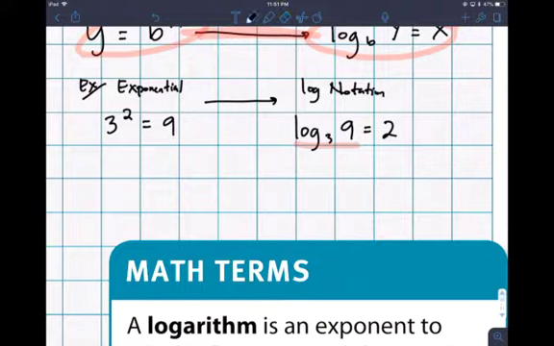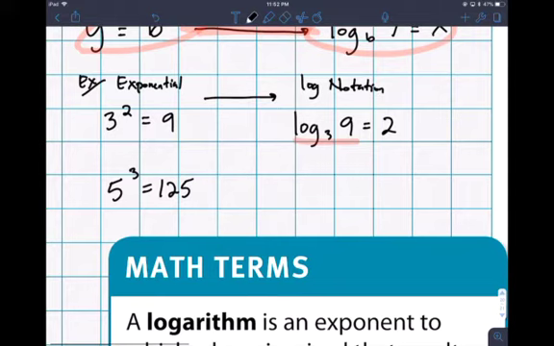So for example, let's say that 5 to the third power is going to be equal to 125. If I write using log notation, this is the same thing as log base 5 of 125 is equal to 3. So you notice the differences.